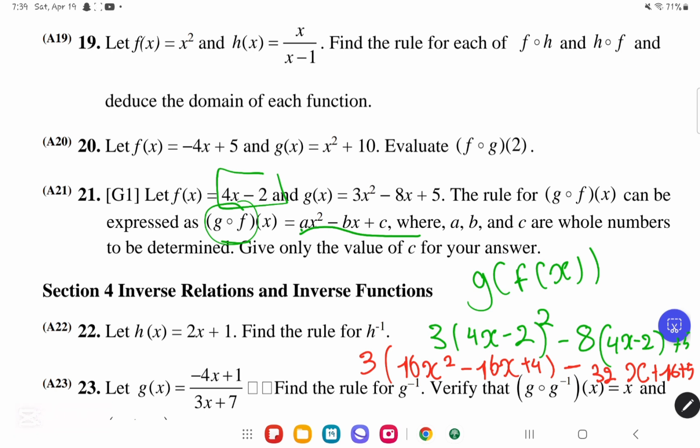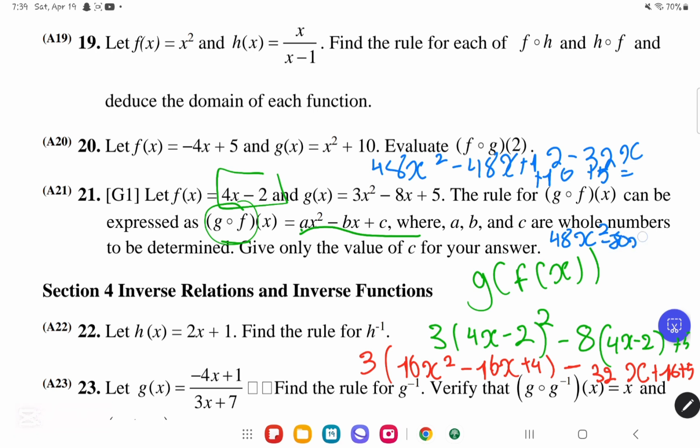First you multiply this, so now you are gonna get 48x squared minus 48x plus 12 minus 32x plus 16 plus 5. You add them all together and you're gonna get 48x squared minus 80x plus 33.